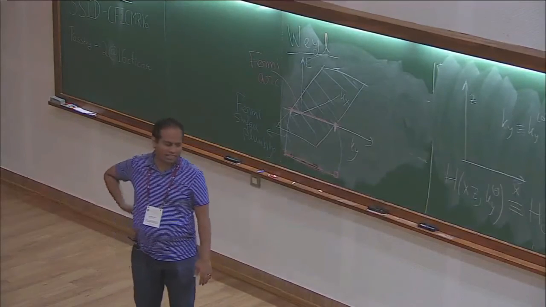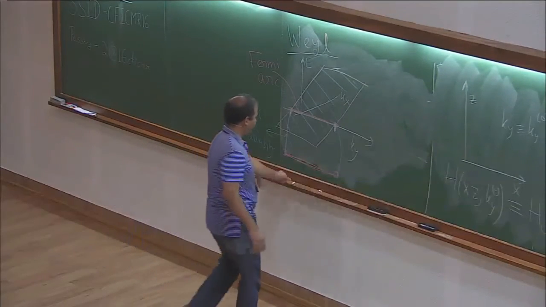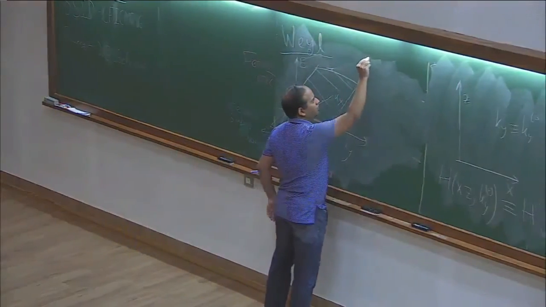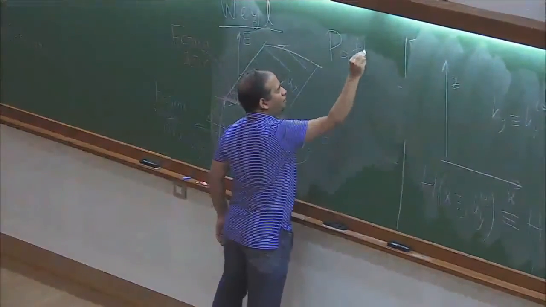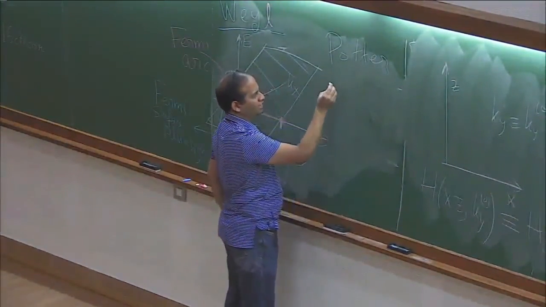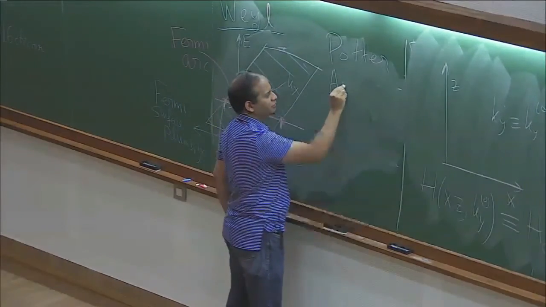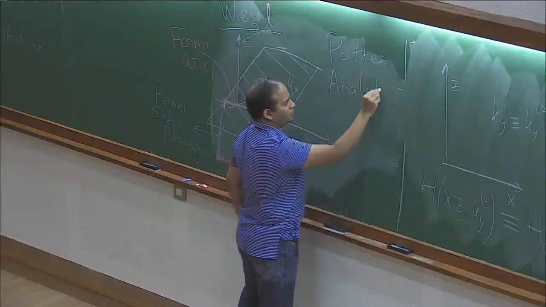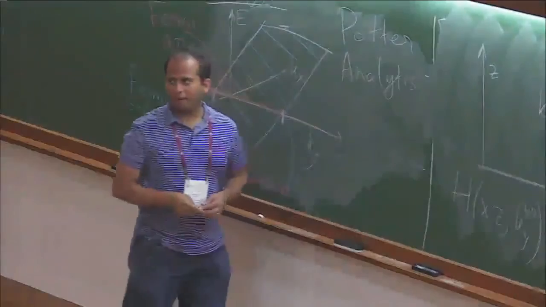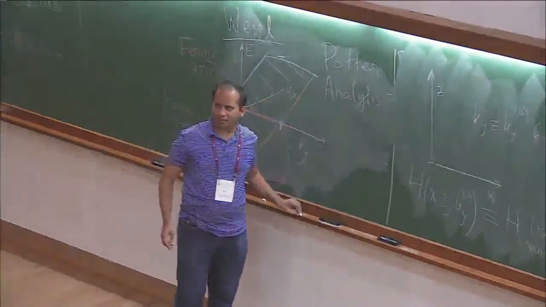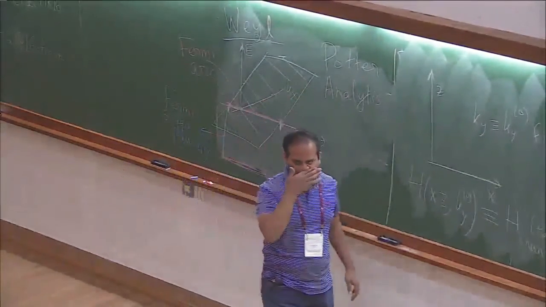I don't remember precisely, but if you're interested, I think Andrew Potter, who was a postdoc with Ashvin and Analytis, are the people who have been writing papers about this. Analytis is an experimentalist, and Potter was a postdoc with Ashvin.